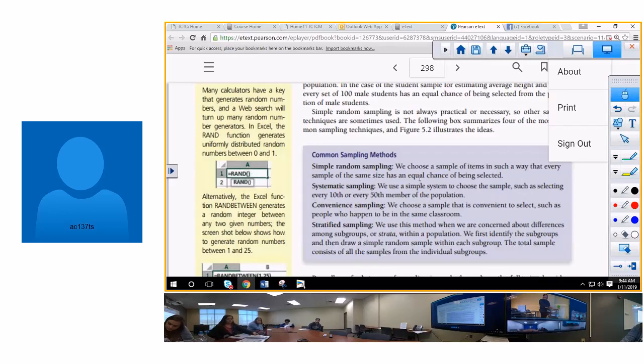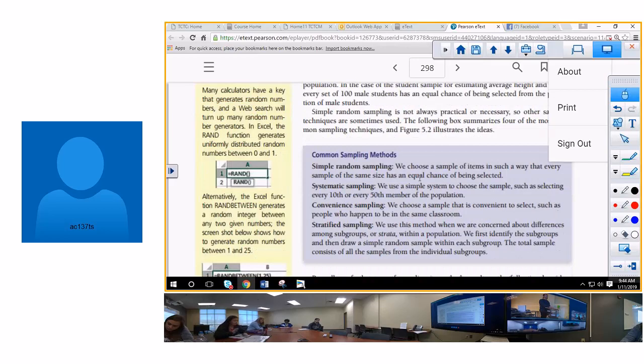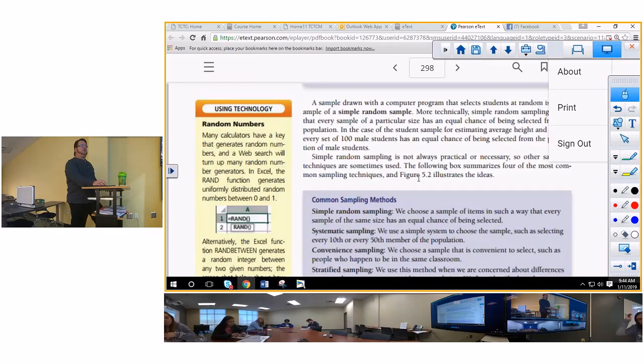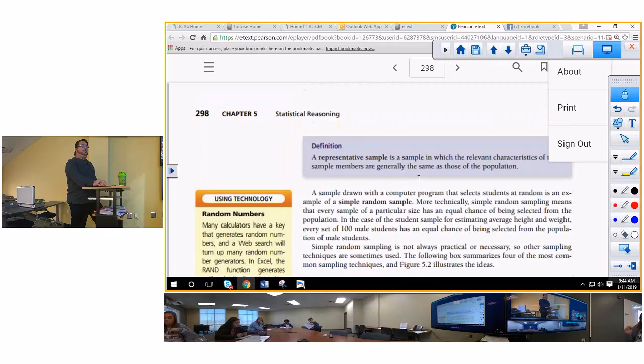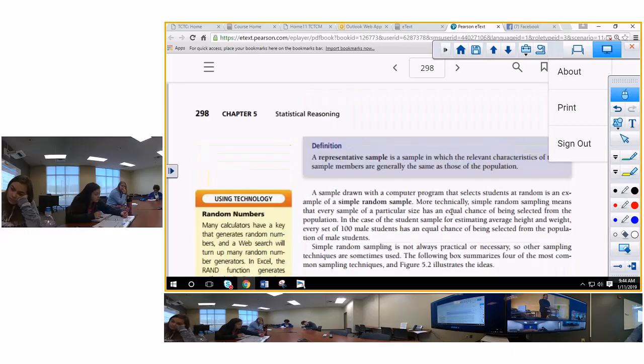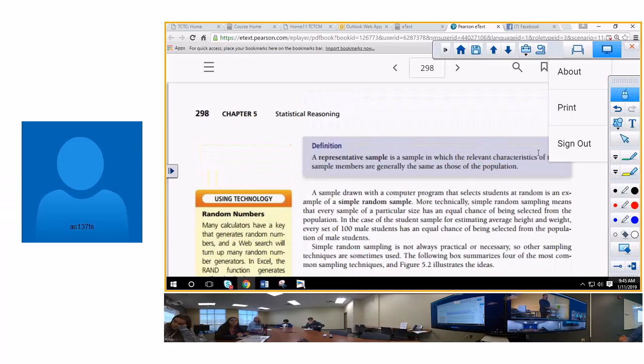Okay. Right here, page 298. What is a random sample? Now I'm going to write the definition of a random sample. I'm going to write a layman's definition for a random sample. Here we go.